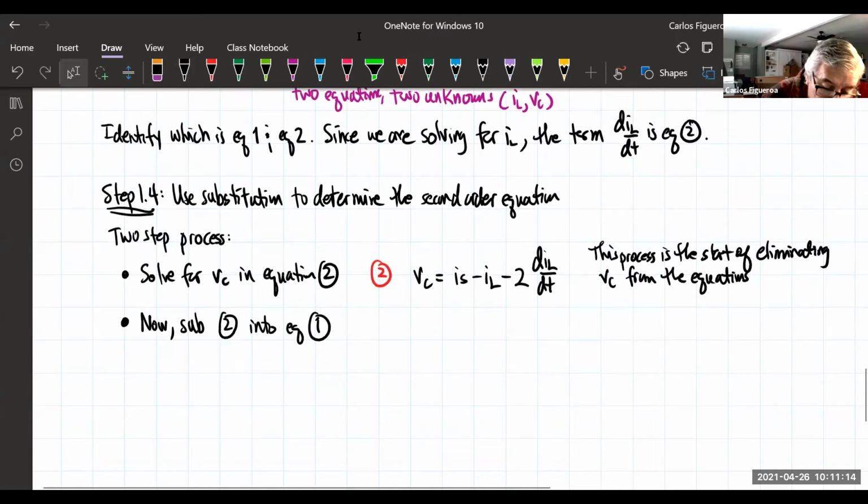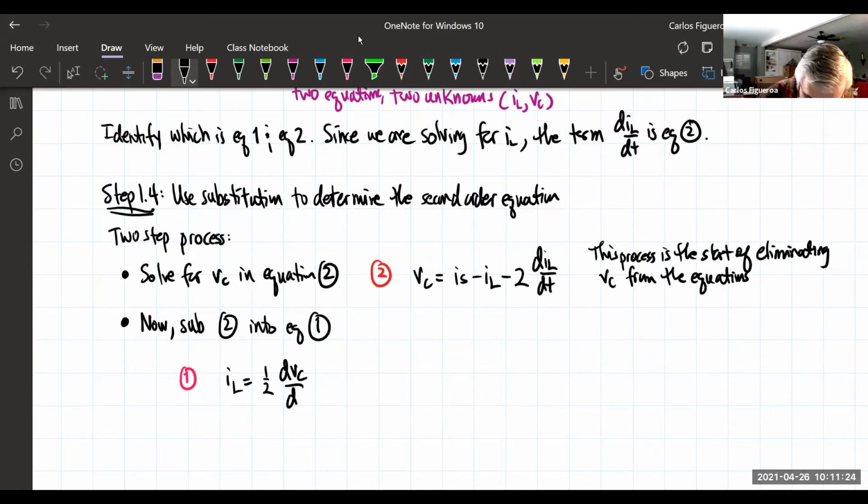So here's equation 1, and it's going to be equal to what? It's IL equal to 1/2 dV dt. So now I'm going to substitute equation 2 into here. So this is going to be 1/2 d dt, and then I got to put that whole thing in there.